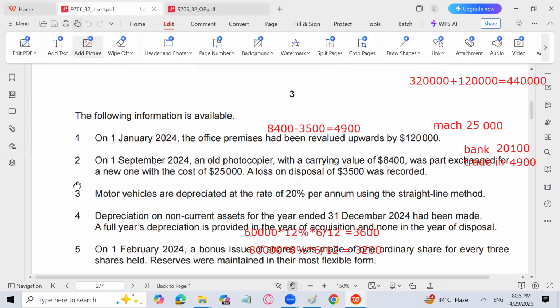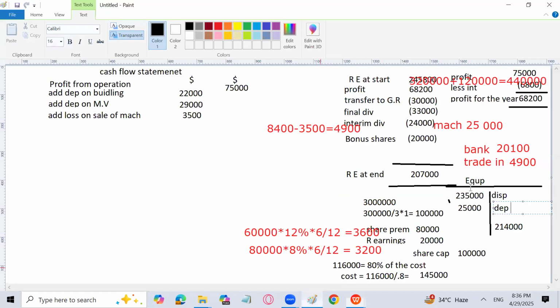An old photocopier with a carrying value of 8,400 was part exchanged for a new one with the cost of 25,000. A loss on disposal of 3,500 was recorded. So the net book value is already given in the question regarding the old photocopier which has been disposed of because the new photocopier has been purchased, that is 8,400. So I will write 8,400 over here with disposal, and the difference is going to be the depreciation.